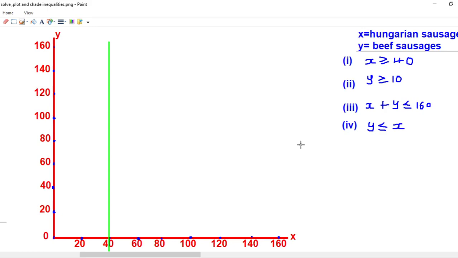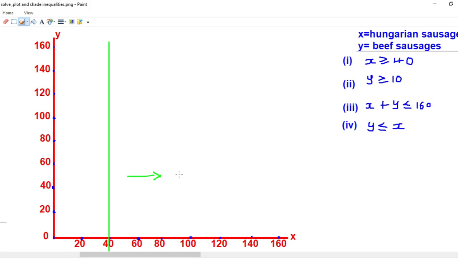Now we want the region representing x greater than or equal to 40. In reality, what this inequality means is that we need to shade the region where our numbers greater than 40 are, which is starting from this line going this side, right?